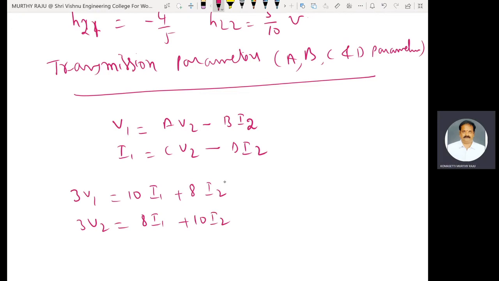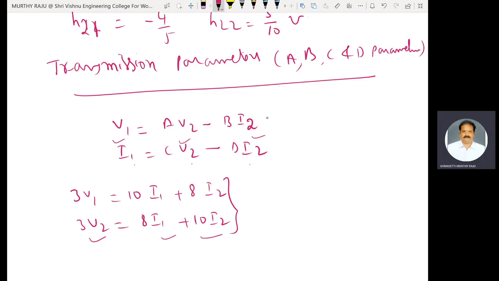These are the Z parameters. In this expression, three parameters are involved: V2, I1, I2.